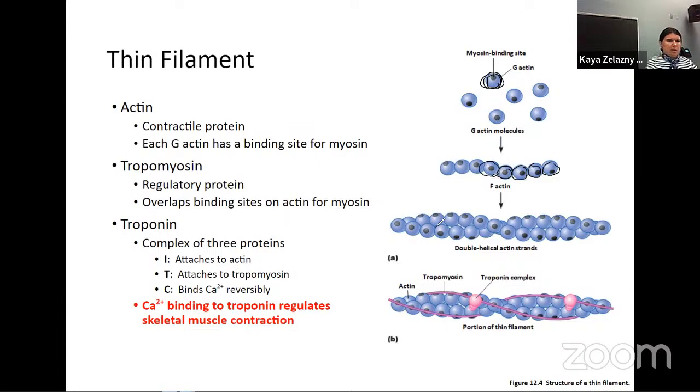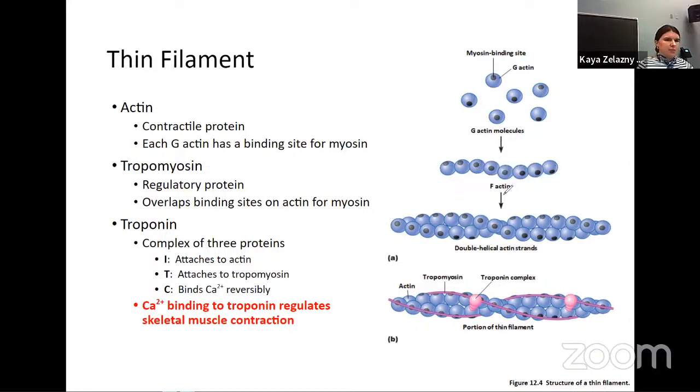Then we have two of those F-actins wrapping together to form a double helix. So our actin, when we're looking at our sarcomere, is going to be like two of these swirled around each other. This is our actin strand, and we're going to have two other regulatory proteins that work with the actin to help us create muscle contractions.